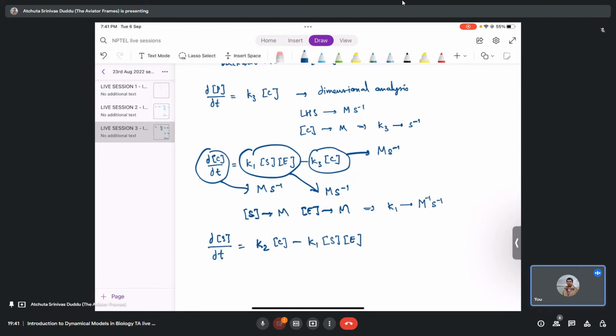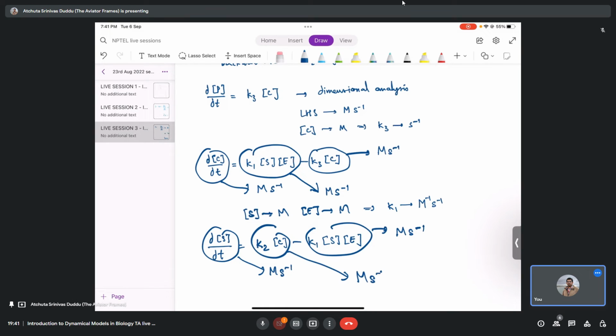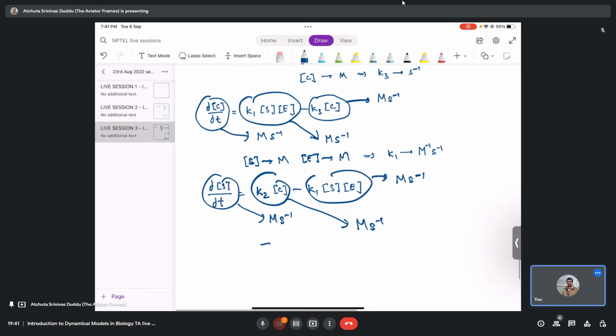Now this we have settled as molar second inverse. This again is molar second inverse. This also has to be molar second inverse. Since C is molar, it implies k2 is second inverse.